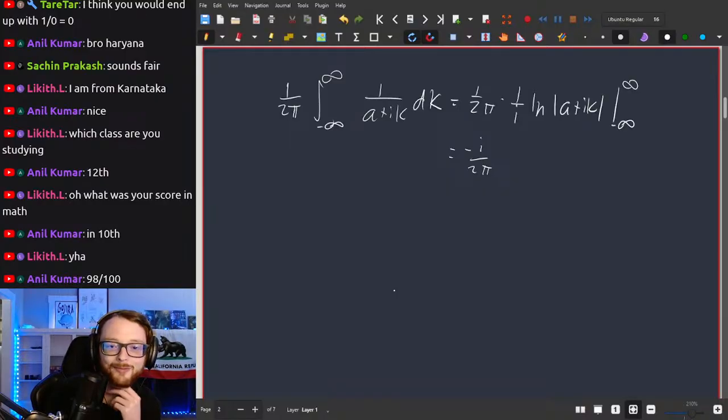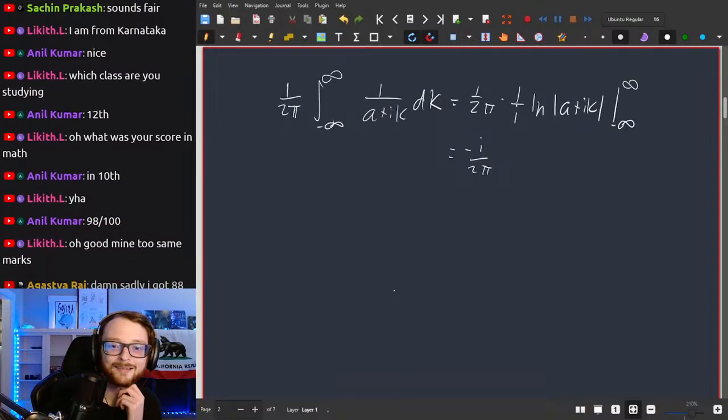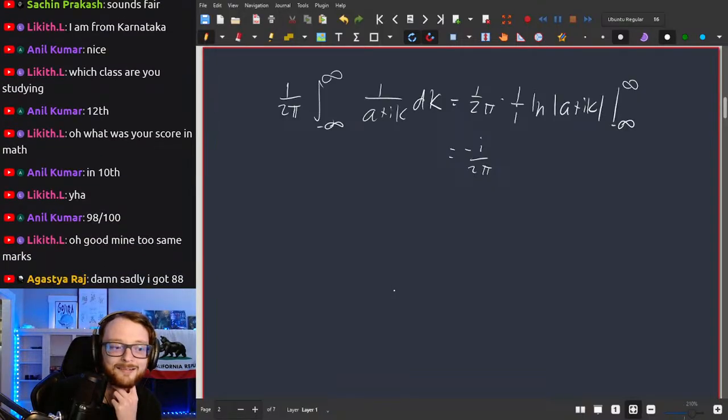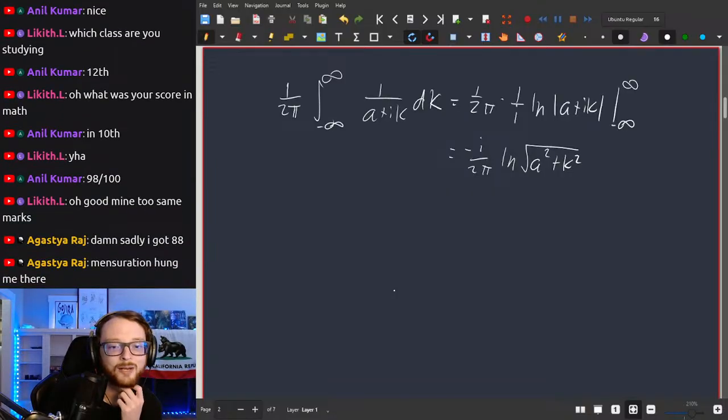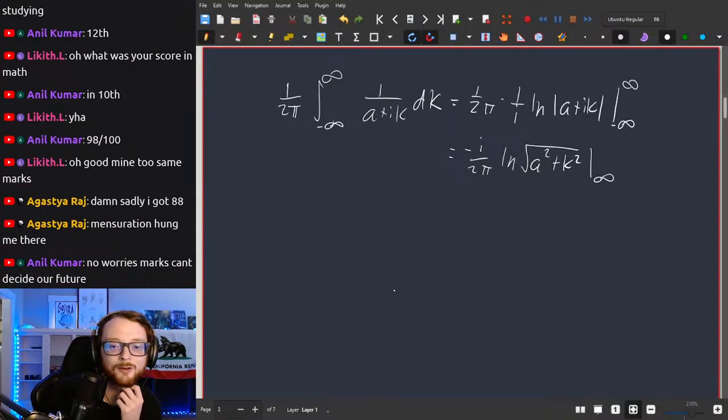How do you evaluate this? Should I literally make this like root a squared plus k squared? But I think the issue is we have an infinity minus infinity situation.